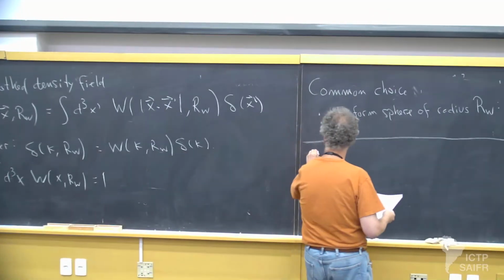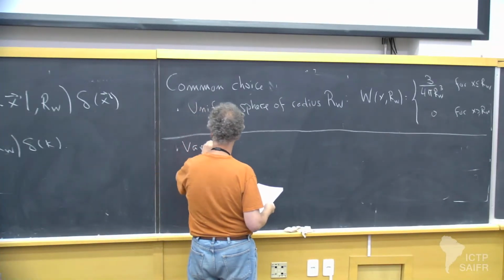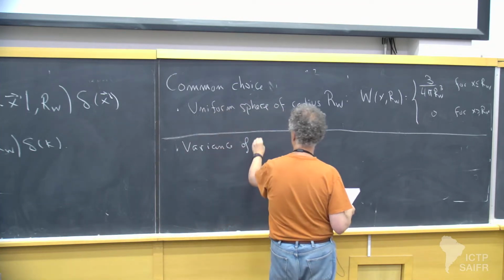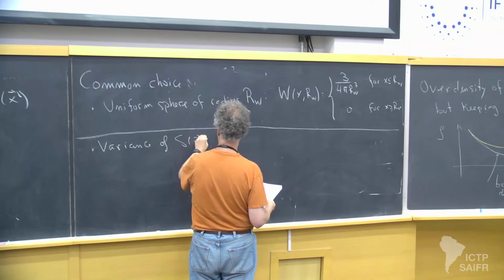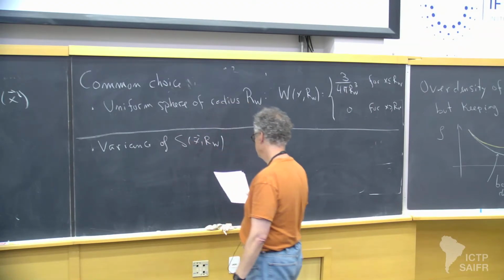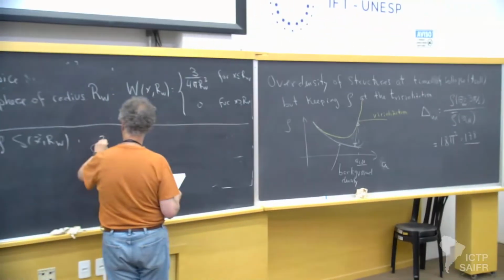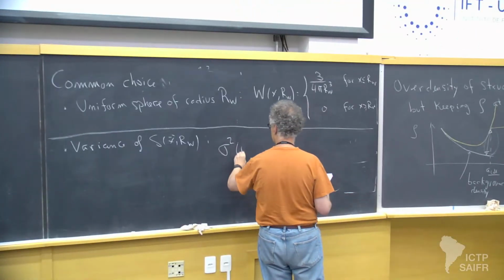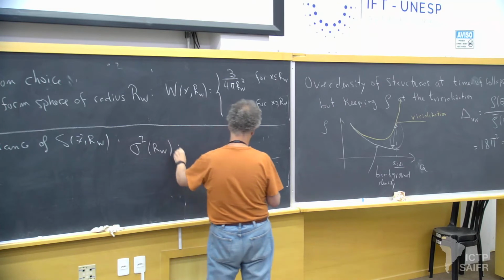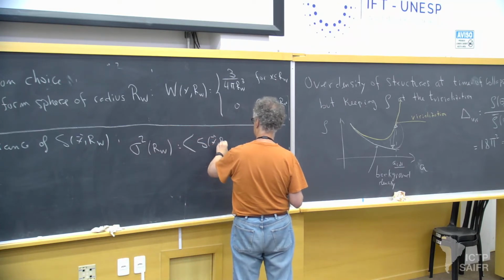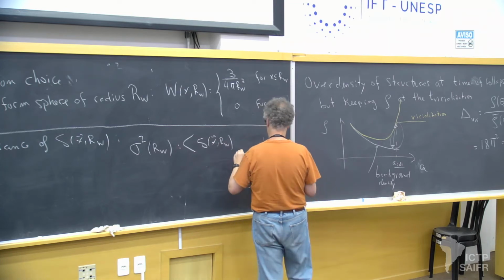So the variance of delta x, the smoothed field, RW. So this is just sigma squared, which is a function of RW. It's just delta x RW, delta x prime RW.